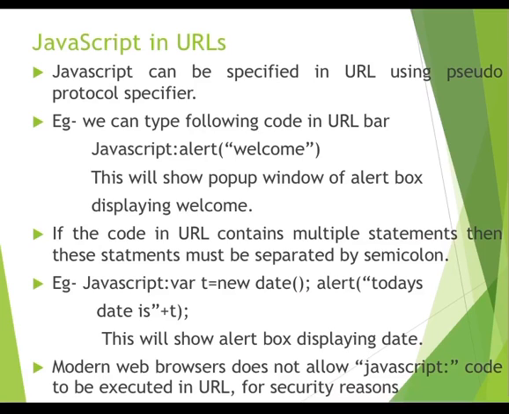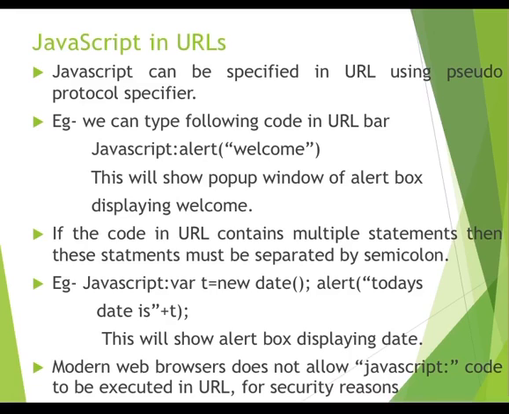Now your JavaScript code can have multiple lines, right? If your JavaScript code has multiple lines written in a URL, you should separate each line with a semicolon. After each line you have to give a semicolon. We'll see the example, the fourth point in the PPT. Example: javascript colon t equals new Date.